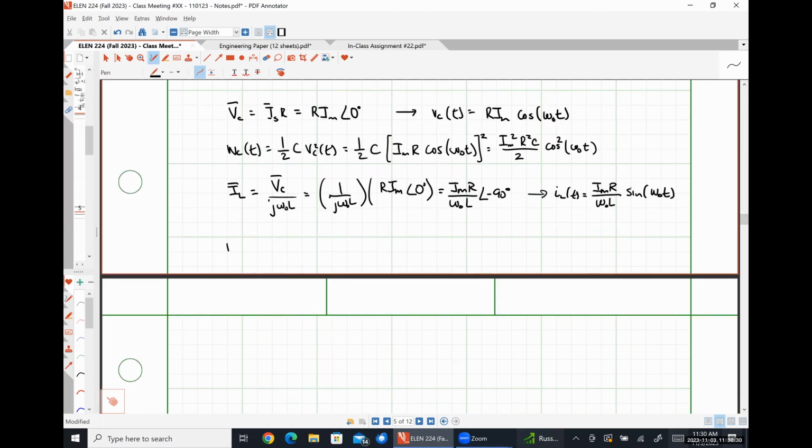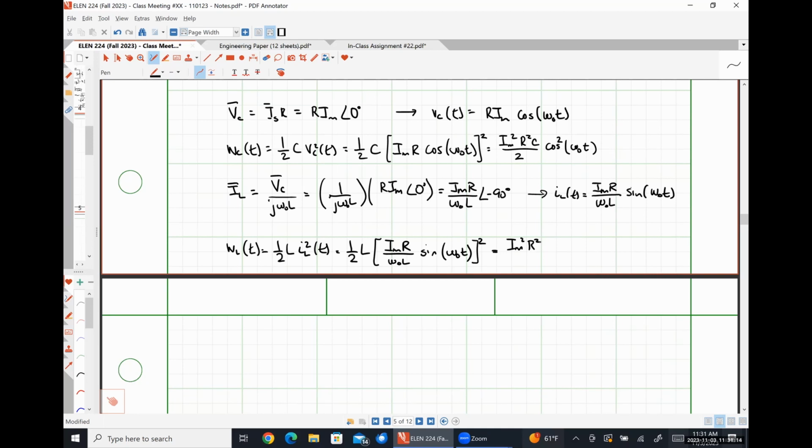The energy stored by our inductor is 1/2 L times our inductor current squared. So that's 1/2 L times this IMR over omega naught L sine omega naught t quantity squared. So I'm going to have Im squared R squared.